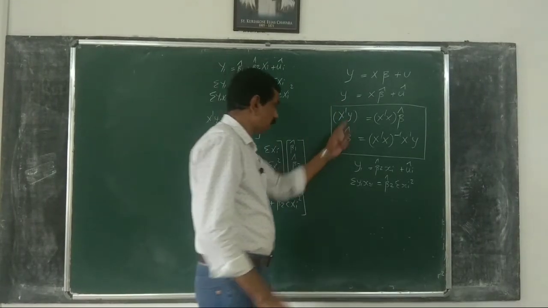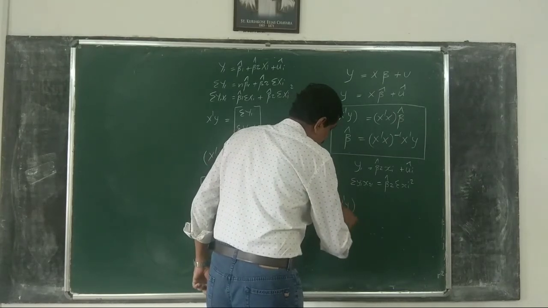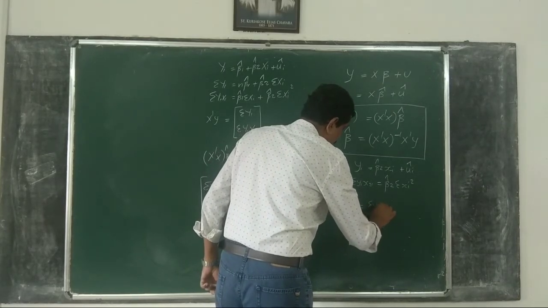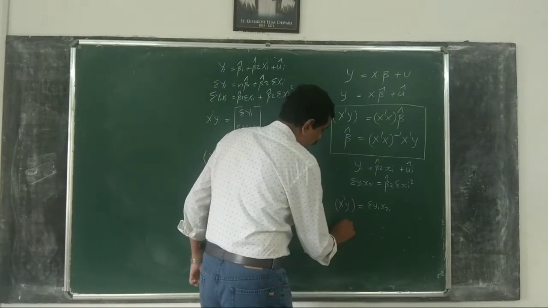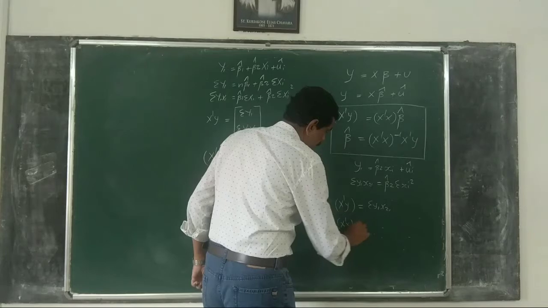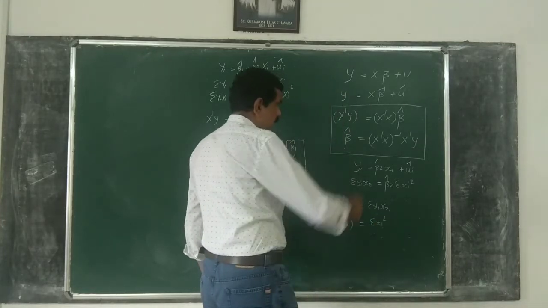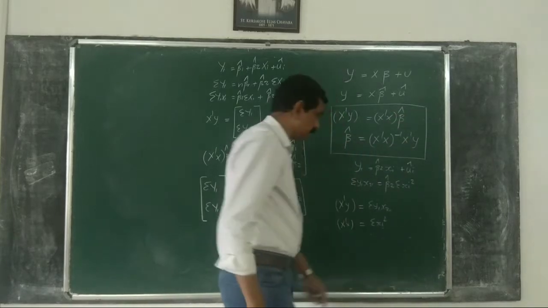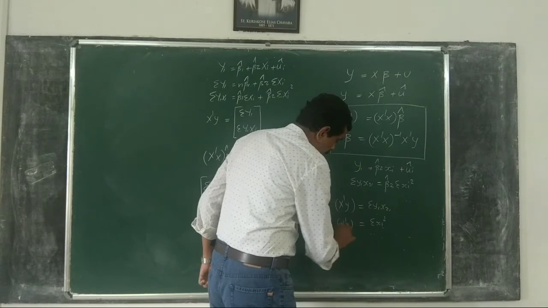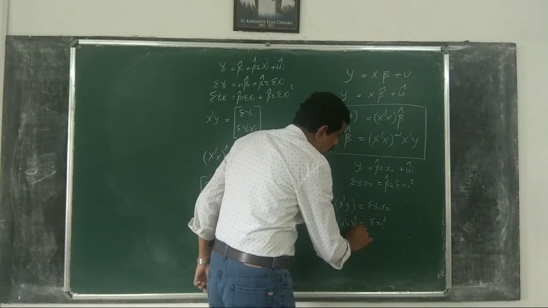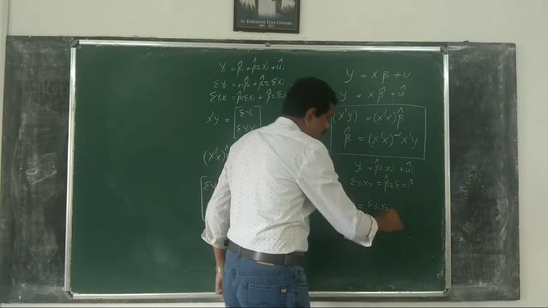Then X transpose y in deviation form is equal to sigma yi xi, a scalar, and X transpose X in deviation form is sigma xi square. Then X transpose X beta hat is equal to beta 2 hat sigma xi square.